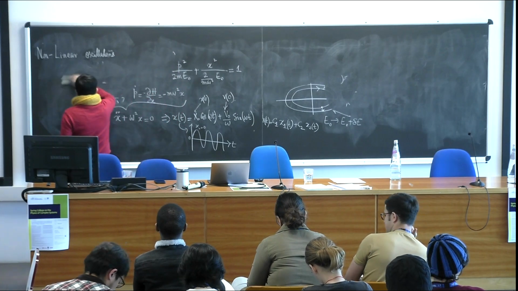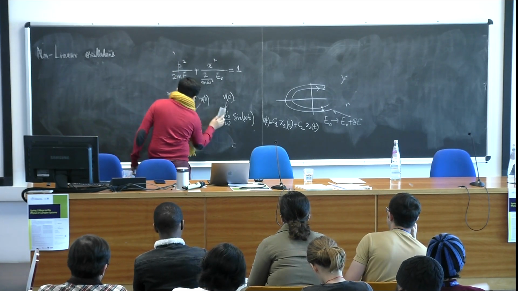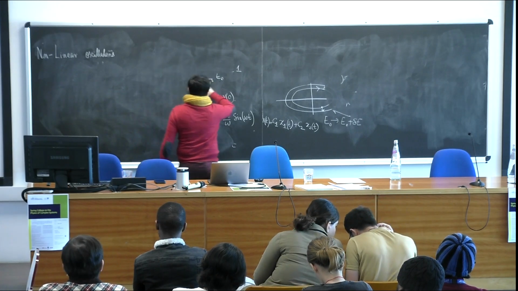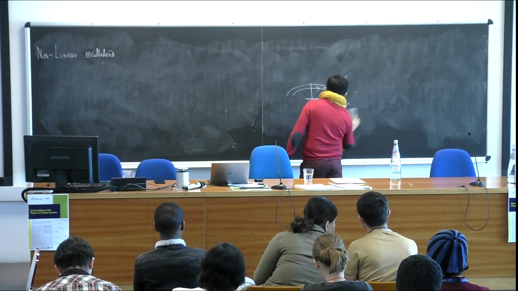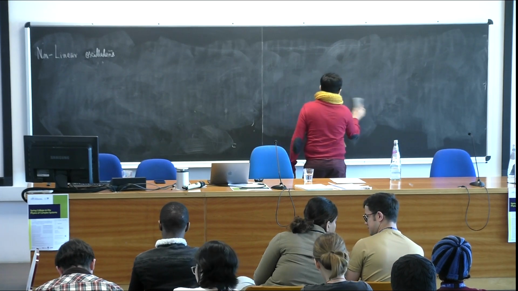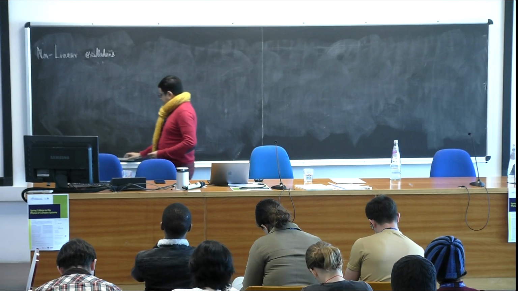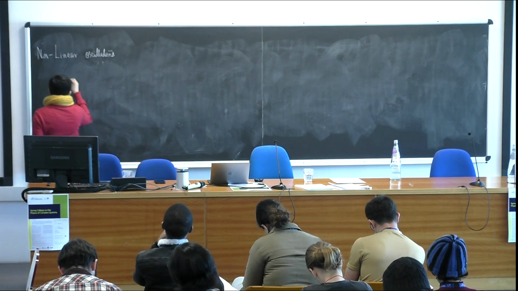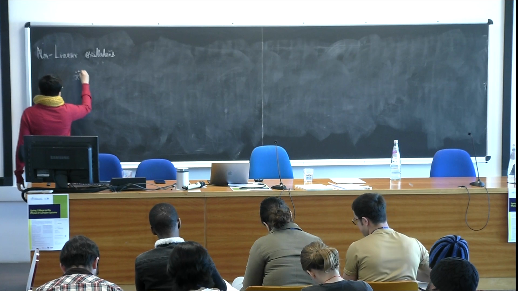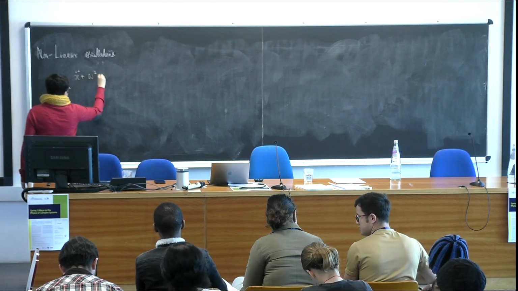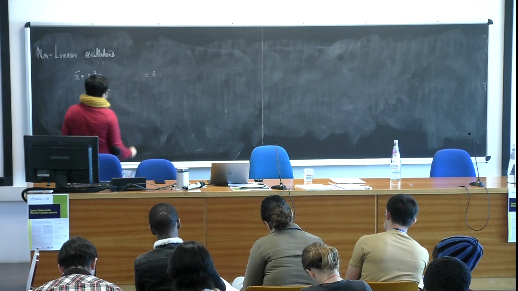So I would start with the equation of motion of a harmonic oscillator and see how I can make it nonlinear. And of course there are 10,000 different ways to make it nonlinear, but one of the representative ways is the following. This was the equation of motion of a linear oscillator, equal to 0. I keep some space here, okay?